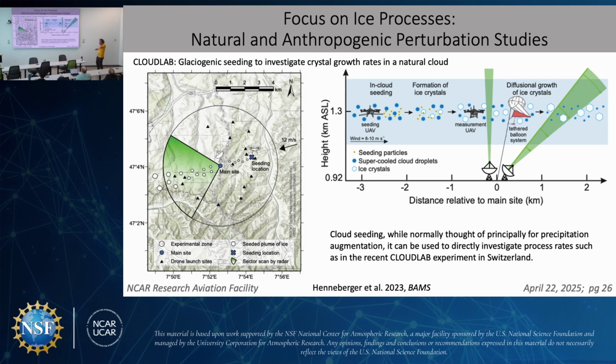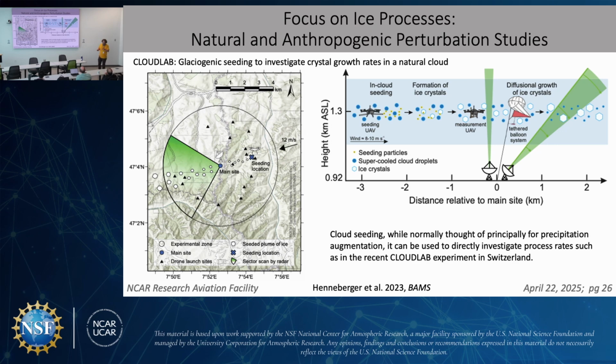The experiment was called Cloud Lab, and it took place on the Swiss plateau, where you have a very stable supercooled stratus cloud that occurs in a temperature regime of about -5 to -20 degrees Celsius.